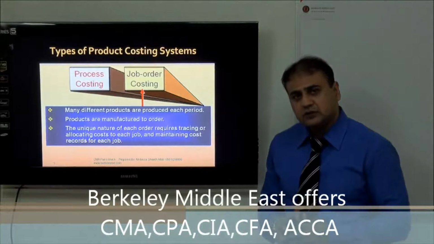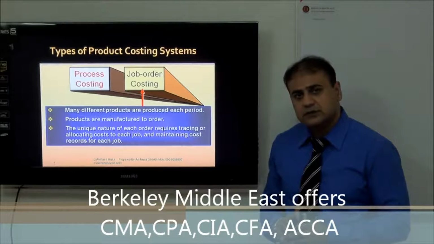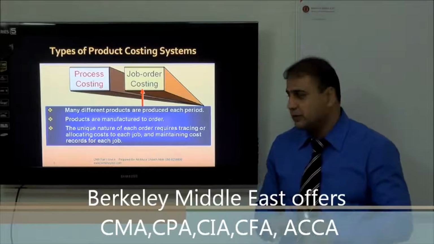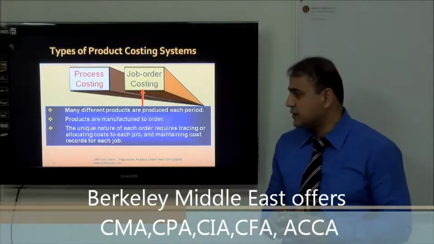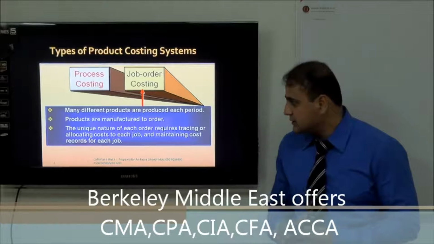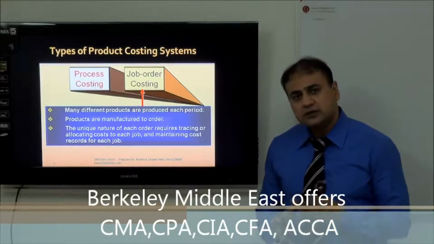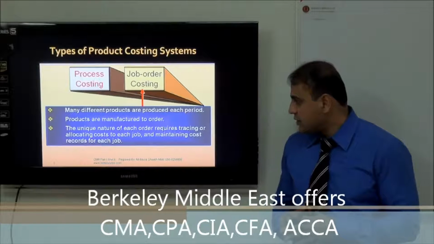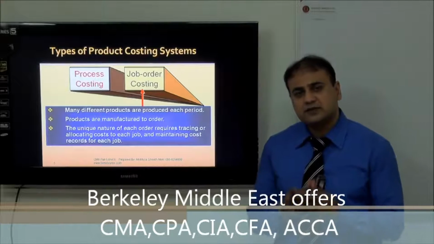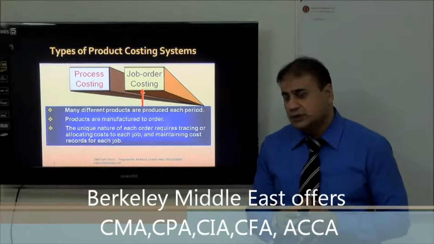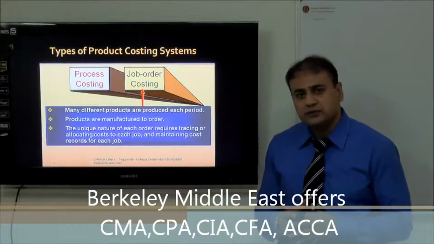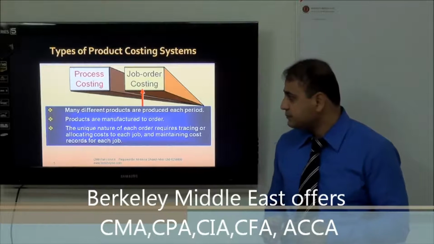Opposite to that, we have the job order costing system, which is for one specific job, and many different products are produced in this system. Products are manufactured to order, and the unique nature of each order requires a specific cost allocation to get the per unit cost.